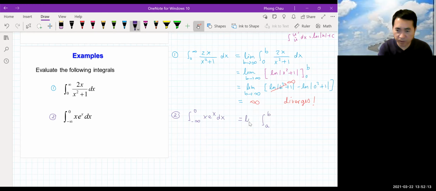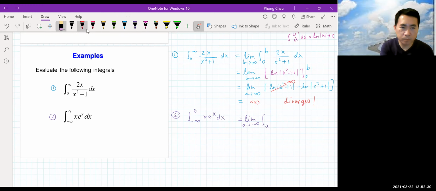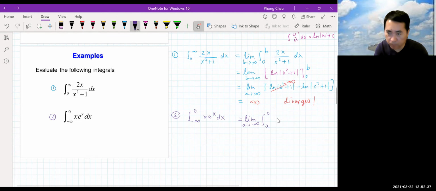And then don't forget that a will now approach negative infinity. For it to be equivalent to this, the upper limit is not b, but in this case it's 0. So 0 here, and then x times e to the x dx.